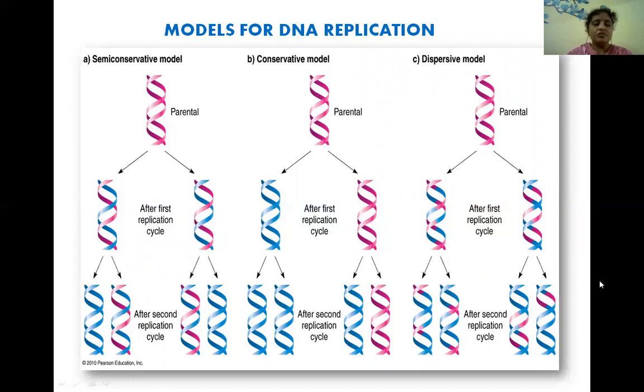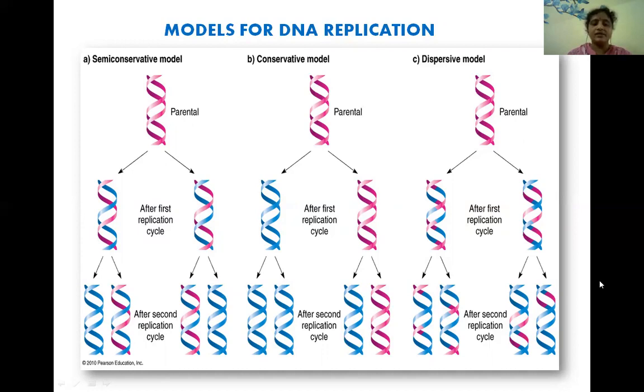Next, the third one is the dispersive model. In this model, the parental double helix is broken into double-stranded DNA segments.